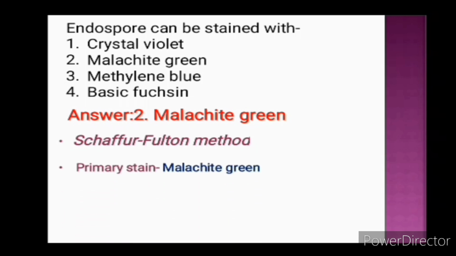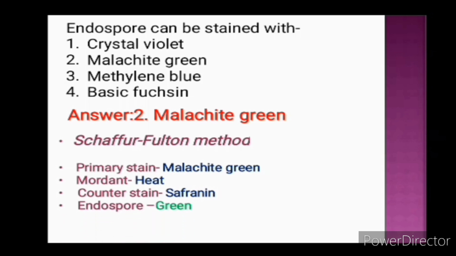In this method, primary stain malachite green is used. As mordant, heat is used, whereas as counter stain, safranin is used. By this Schaeffer-Fulton method, the endospore appears green in color, whereas the vegetative cells appear red in color.